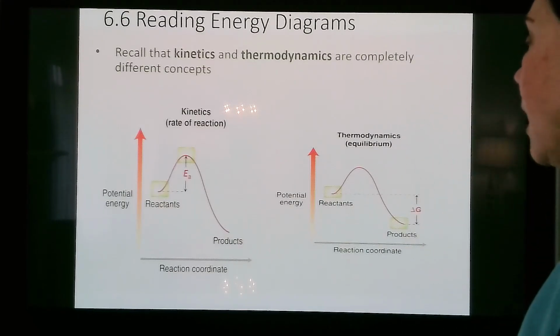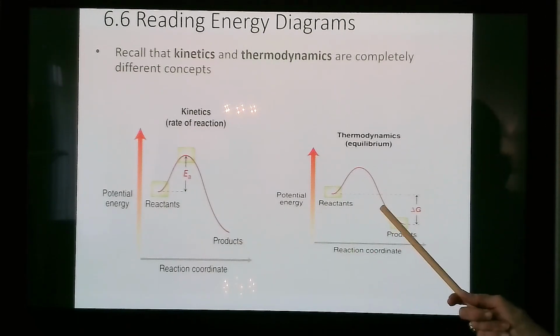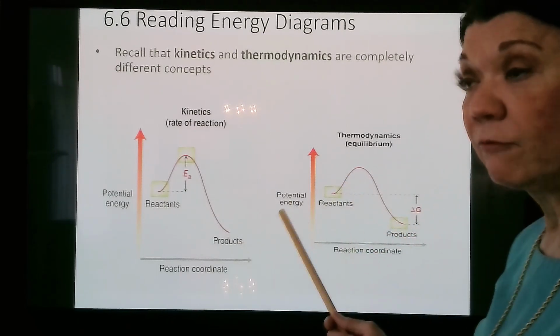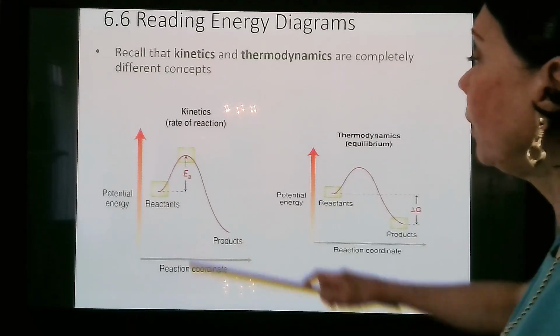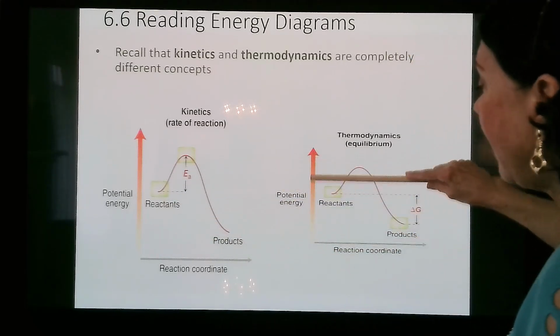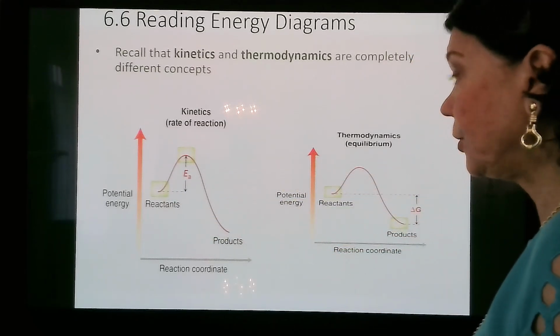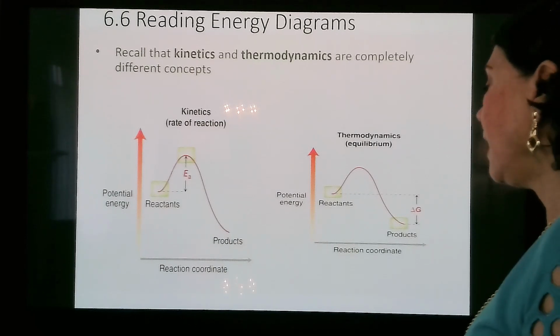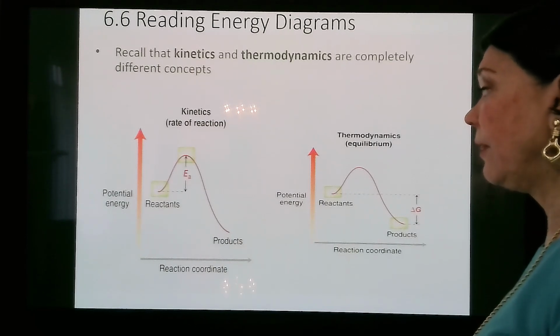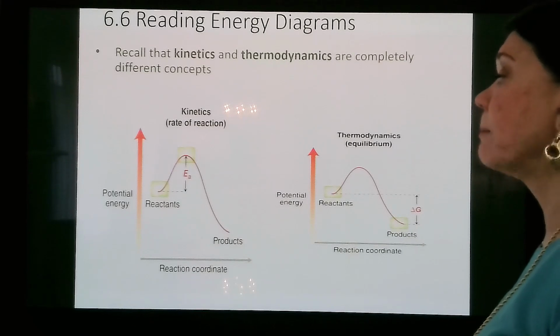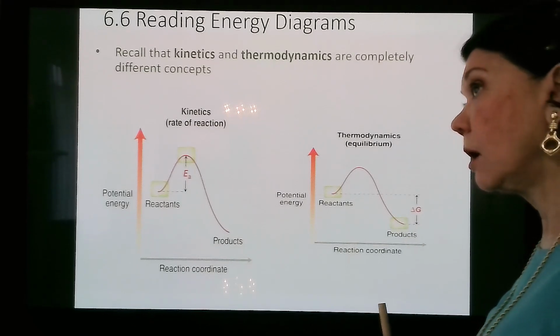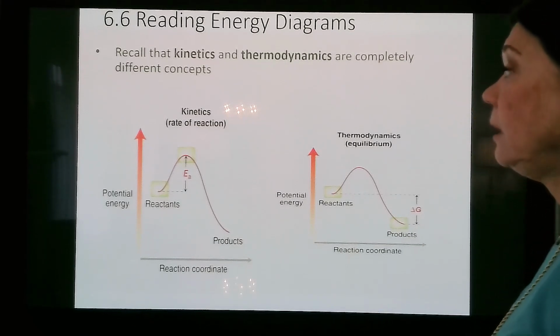Okay. Energy diagrams. Now, I intentionally changed this just a little bit from what's in your book. In your book, these are about the same height, and I don't feel that they represent accurately or clearly what you need to see.